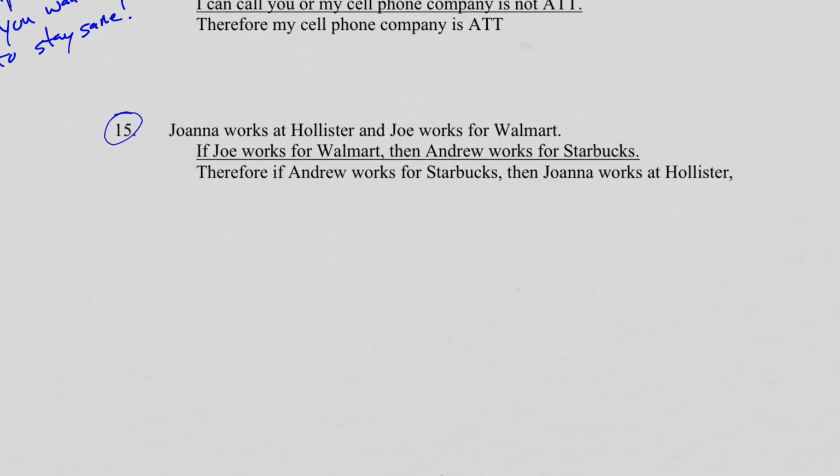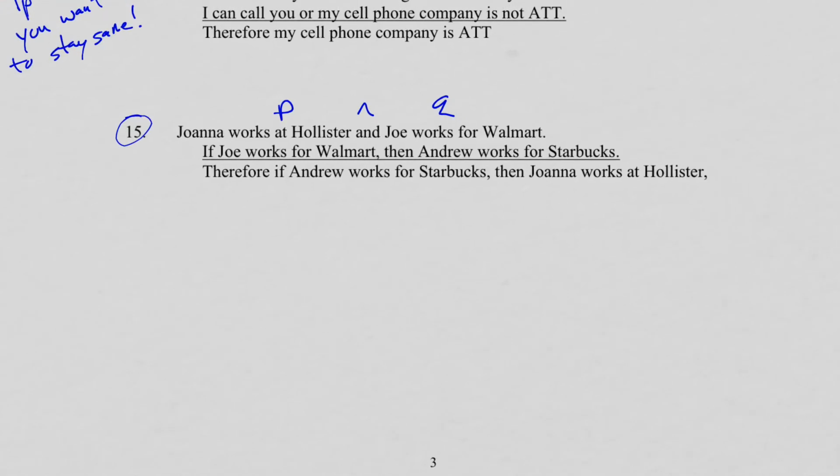This is something we can do with what we've learned so far. So Joanna works at Hollister, and Joe works for Walmart. Okay, if Joe works for Walmart, that's Q. Andrew works for Starbucks.